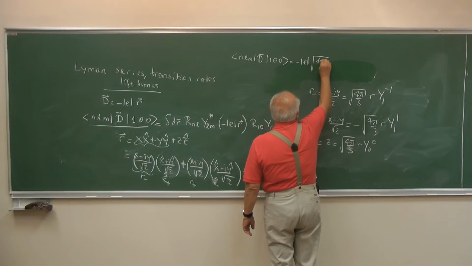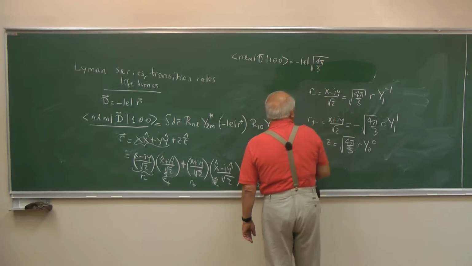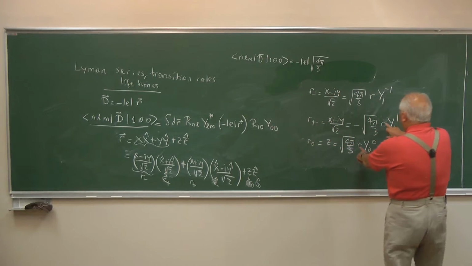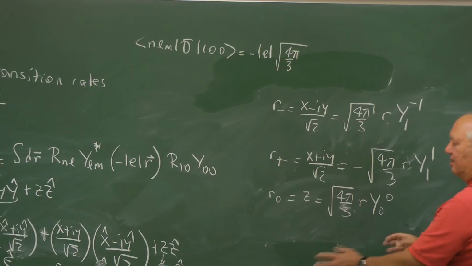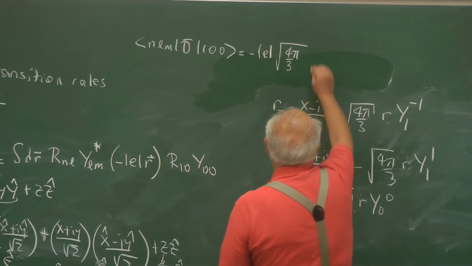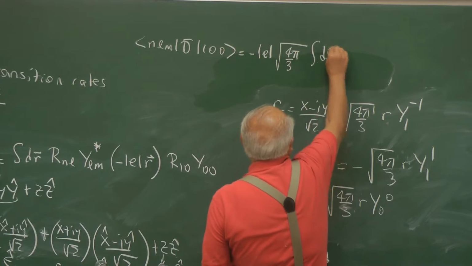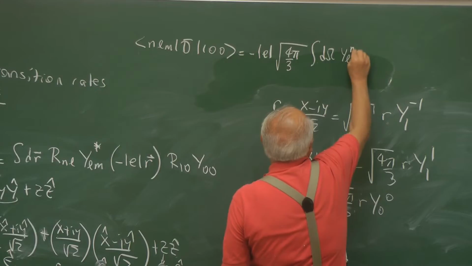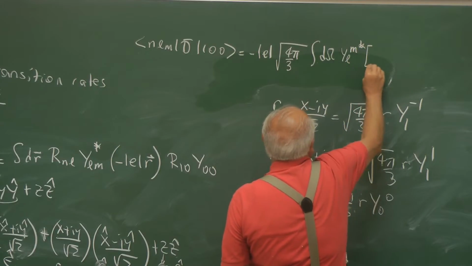Root 4 pi over 3. Every term here has an r, so I can take r out from the angular integral. So the angular integral is this, the d omega y l m star.